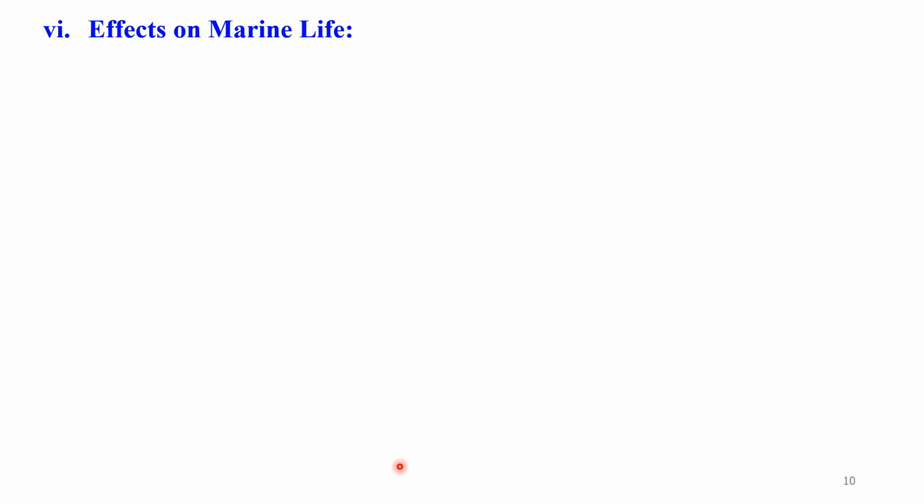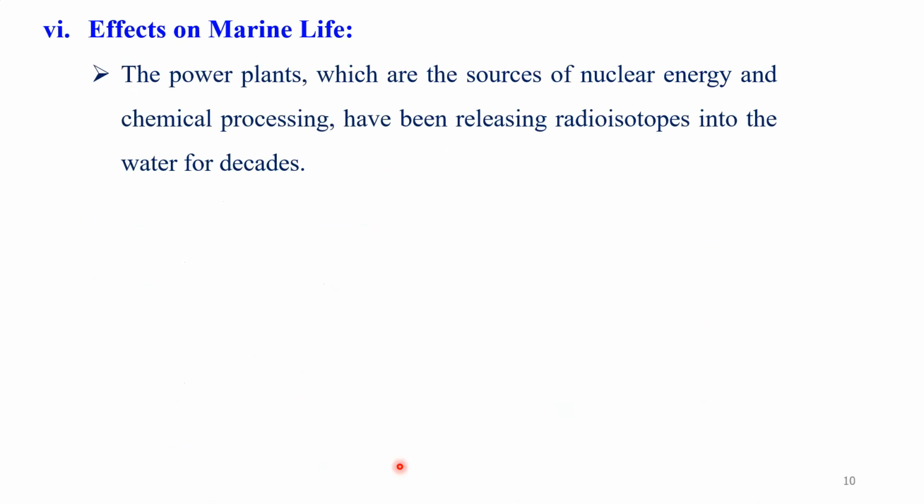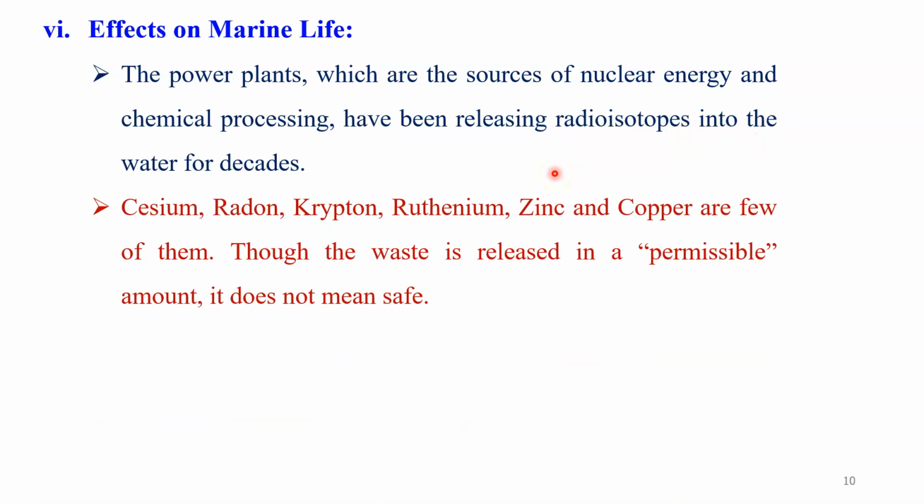Dear students, if we are talking about marine life, the power plants which are a source of nuclear energy and chemical processing have been releasing radioisotopes into the water for decades. Cesium, radon, krypton, ruthenium, zinc, and copper are a few of them.